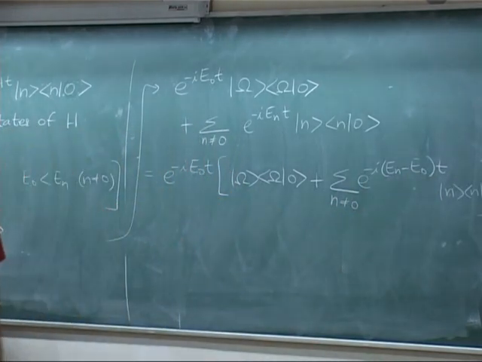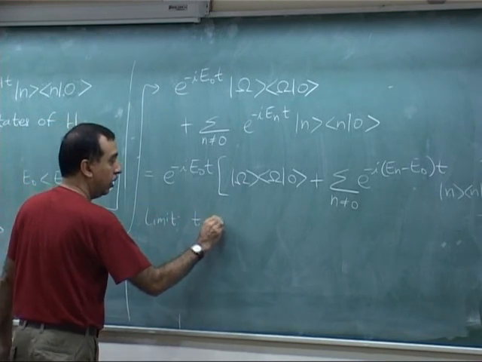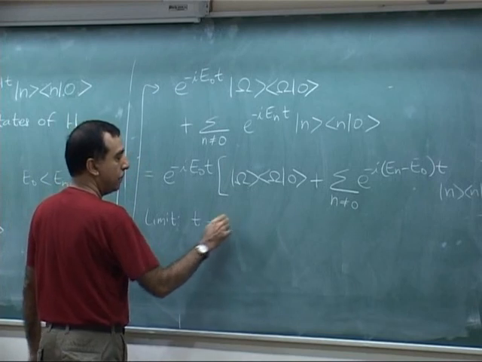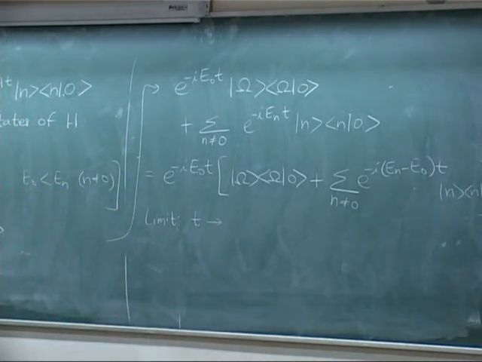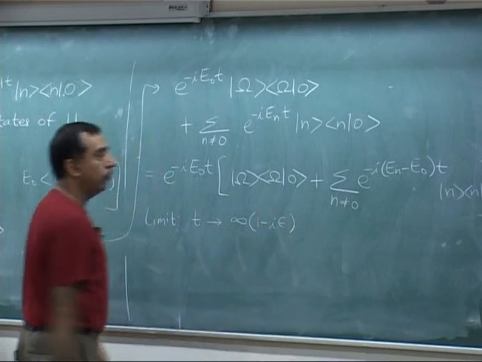Now you see that if I take a clever limit, I can get rid of all the subsequent terms, and the limit I want is to take t to infinity with a small imaginary part: infinity times (1 minus i epsilon).